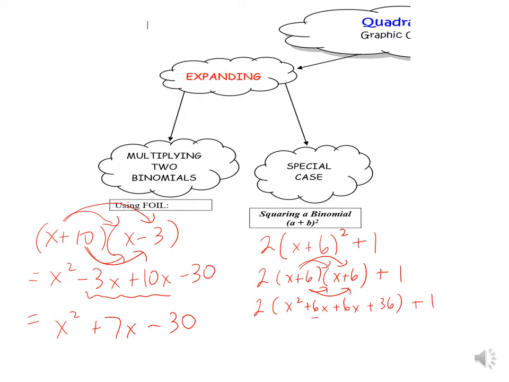Collect like terms. 6 plus 6 is 12. Now distribute that 2 in, which means multiply that 2 by everything inside.